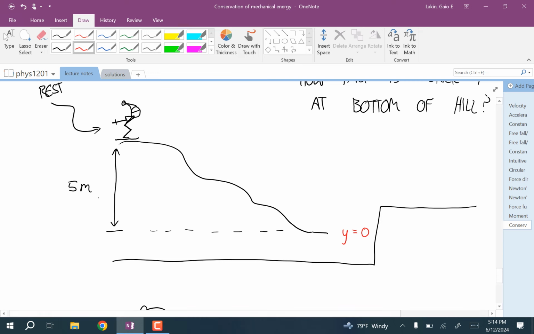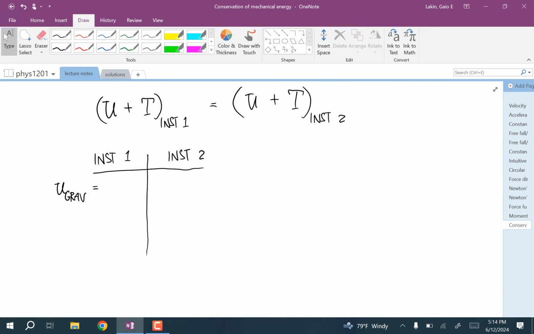Okay. So what that means is at instant 1, the y position of this skier, because I'm also making positive up, is going to be positive 5 meters. So this potential energy is the mass, which wasn't given, times 9.8 times positive 5.